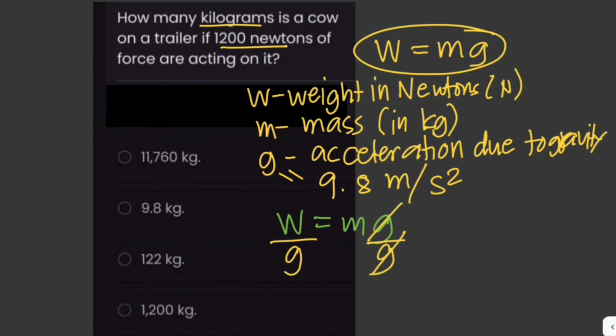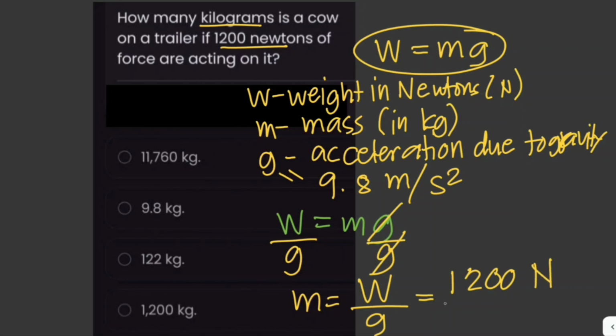This cancels out, and our mass is just equivalent to the weight over the acceleration due to gravity. Then we just have to plug in what's given. We're given 1,200 newtons for the weight, so we plug in 1,200, and then the acceleration due to gravity, which is 9.8 meters per second squared.